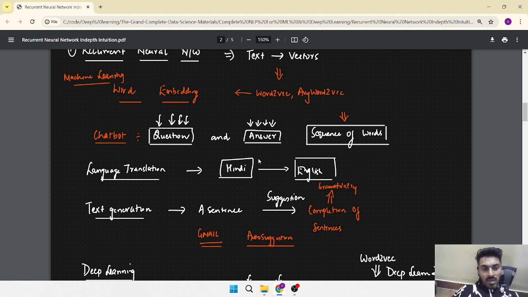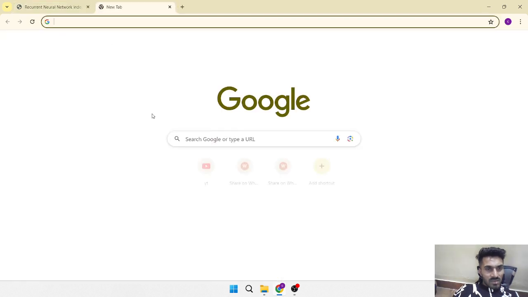The first reason is that there is some problem, like dead neurons, not dead neurons, gradient descent, or the model is not training very well. What is this? Gradient descent.